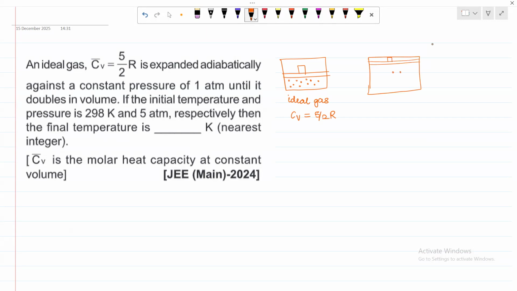So this ideal gas undergoes expansion and its volume becomes double, right? So if this volume is V1, it becomes 2V1, okay?